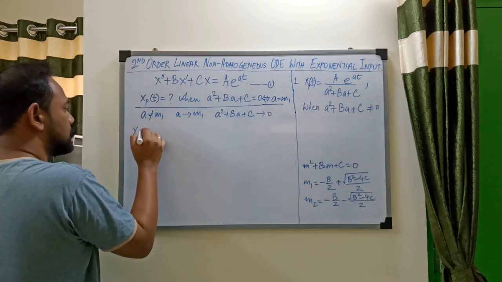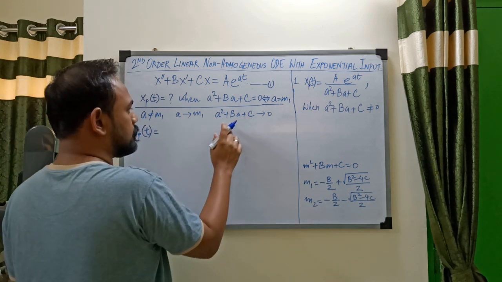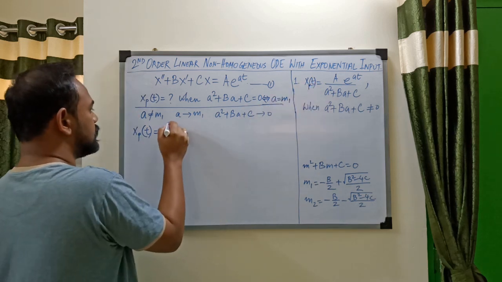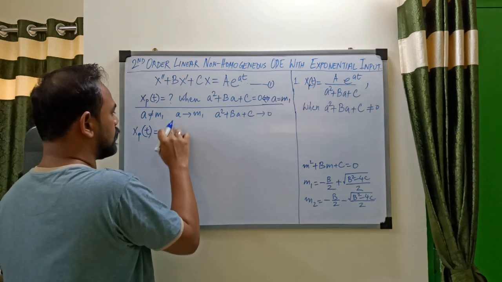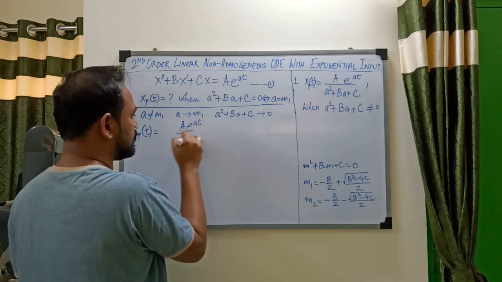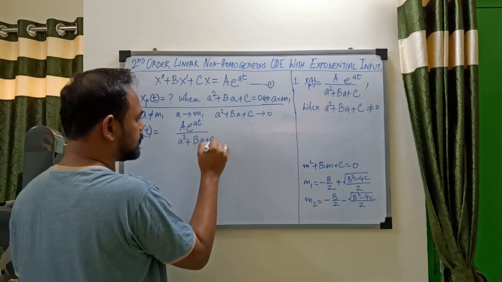So we make a start here to find the particular solution. We don't have this equal to 0 anymore. So we say that this is the solution: capital A, e to the power small at, divided by a square plus ba plus c.